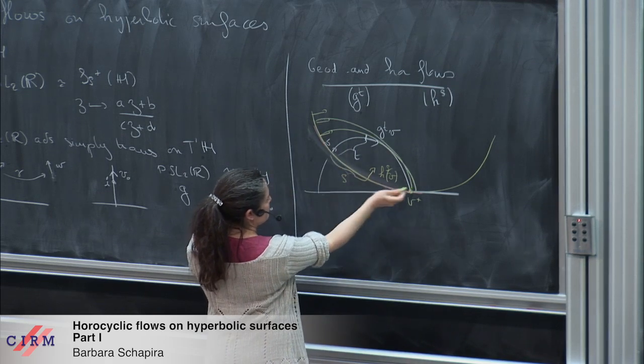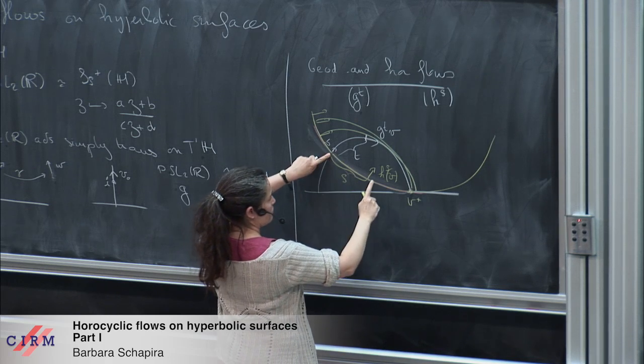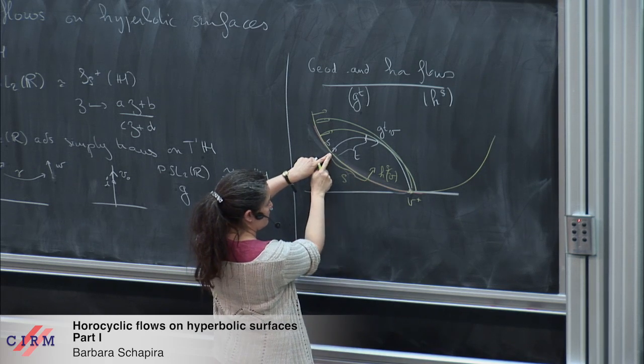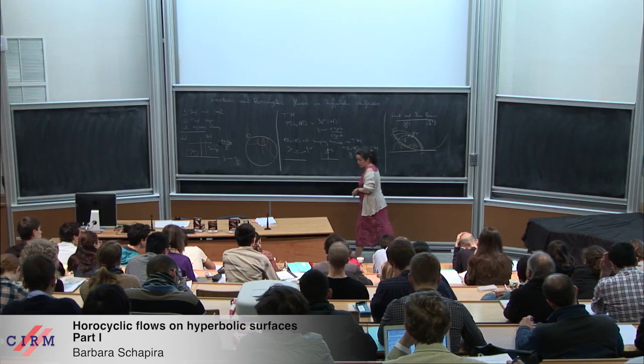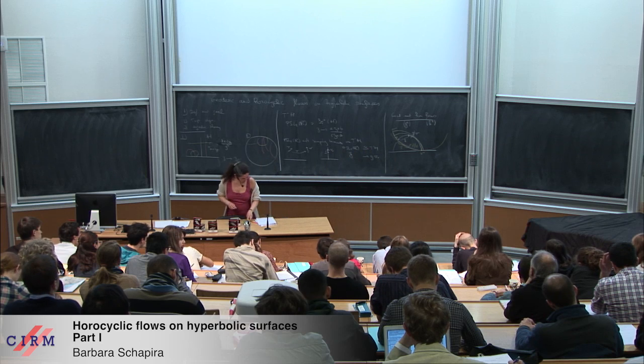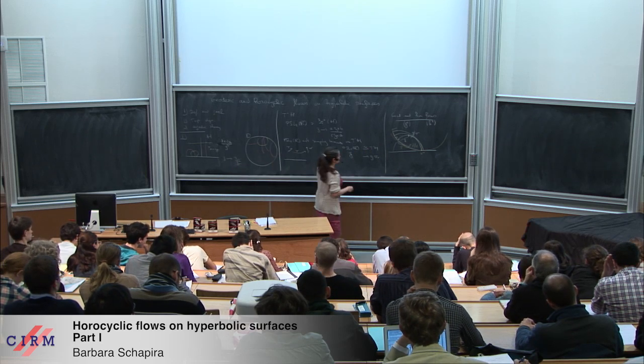That's the stable manifold. And the horocycle flow moves the vector V by a distance s, for the Riemannian distance induced on the horocycle, along this horocycle. That was just for notation.